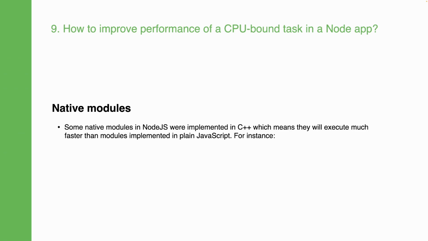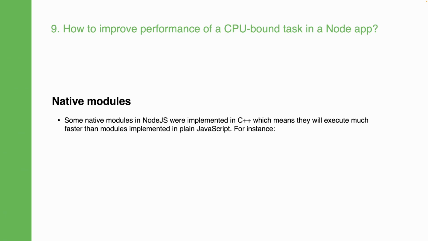Some native modules in Node.js are implemented in C++, which allows them to obviously run much faster than their plain JavaScript counterparts. Node comes with a few of those modules built in.